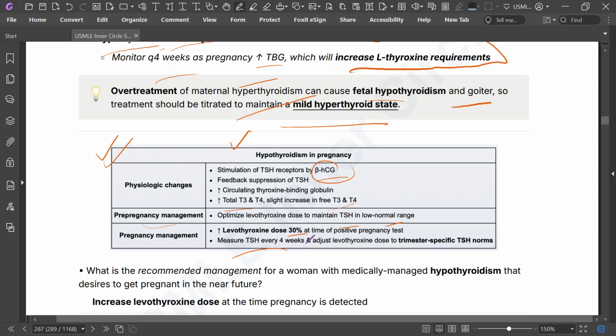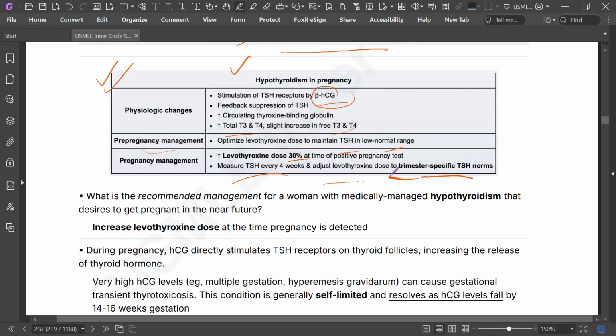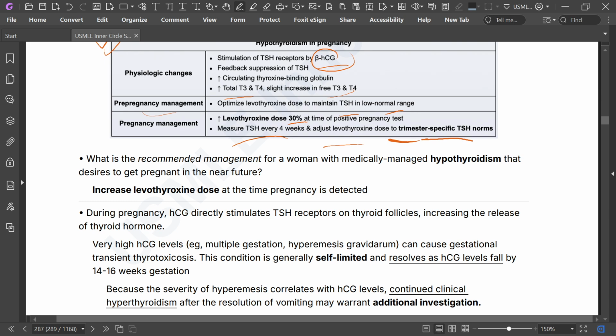Measure TSH every 4 weeks and adjust the levothyroxine dose to trimester-specific TSH norms. What is the recommended management for a patient with medically managed hypothyroidism who desires to be pregnant? Increase the levothyroxine dose at the time pregnancy is detected. During pregnancy, HCG directly stimulates the TSH receptor on the thyroid follicle and increases the release of thyroid hormone.